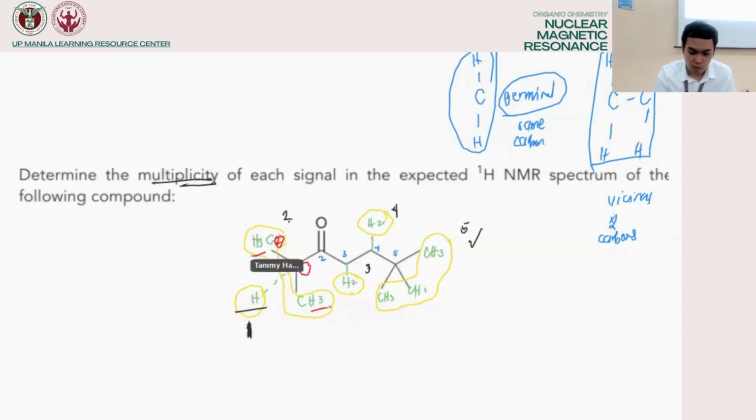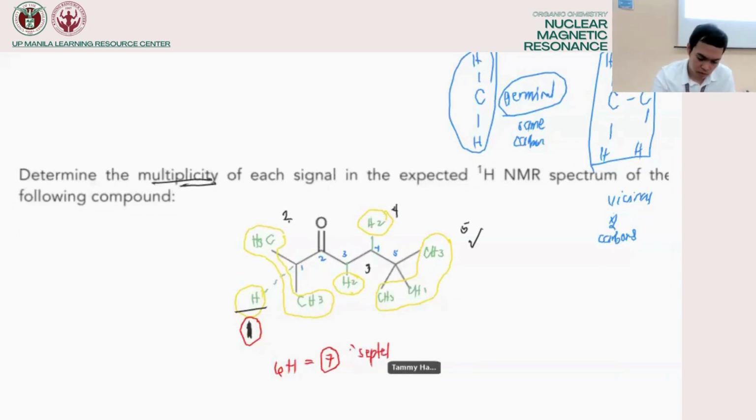So ilan ang neighboring atoms niya? We have, ilan? 6. Okay. Correct. 6. So, if we need to go to the multiplicity of group 1, this is 6 plus 1, therefore 7. Ano siya? Septet. Okay?